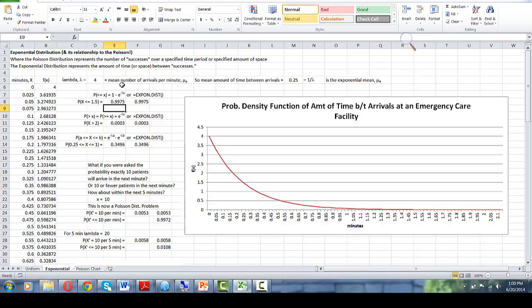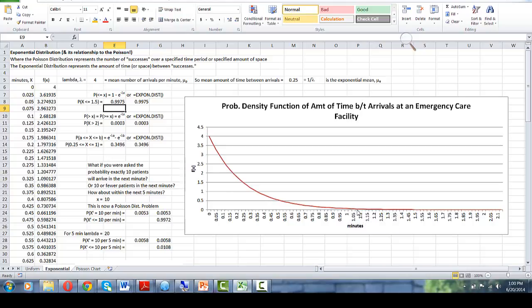Okay, so it's per minute here. So in this case, essentially what you're doing is you're finding the probability that x is greater than or equal to 0.25 right here, and then you're subtracting the probability x is greater than or equal to 1.